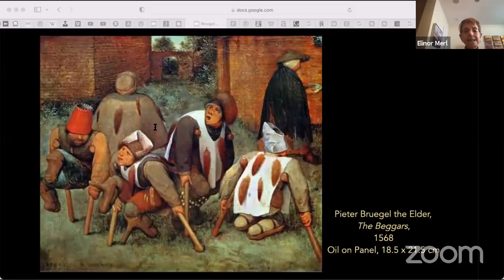Bruegel is likely satirizing the contemporary political situation. Nonetheless, is he obliquely mocking the disabled by suggesting the social classes are as foolish as cripples? Though the full meaning of this picture may be lost, the composition mesmerizes to this day.